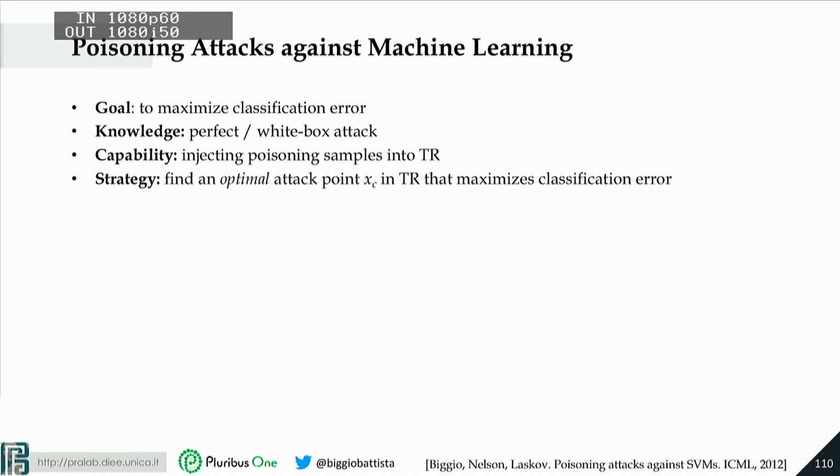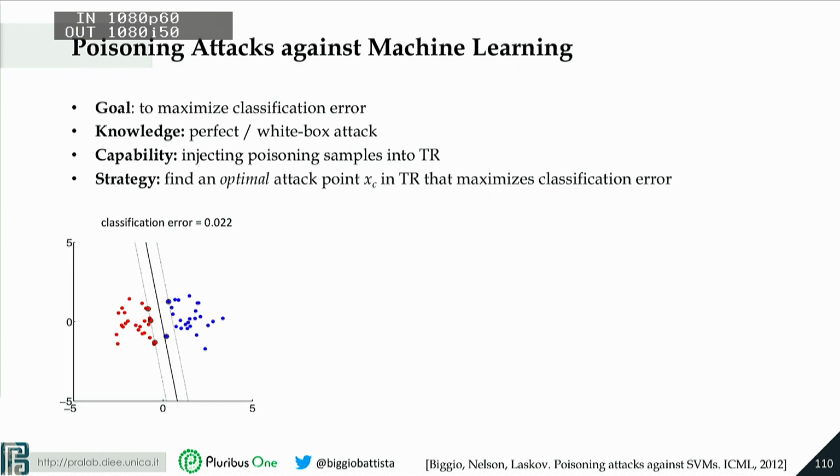So the attacker wants to find the poisoning point xc that maximizes the error of the classifier. Now, to exemplify this again a little bit more, assume that you have a linear classifier. It's a linear SVM in this case, and you have two classes. And now these are the training samples. So you train the classifier on these samples, you get this linear separator, and then you measure the error on a separate data set.